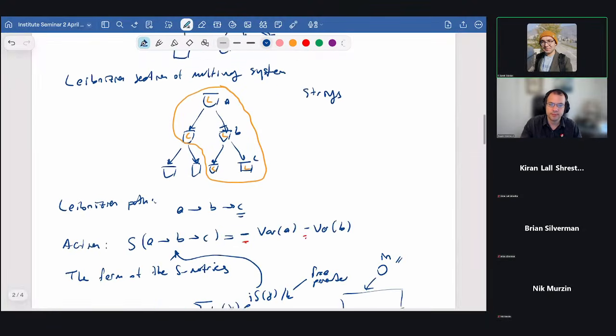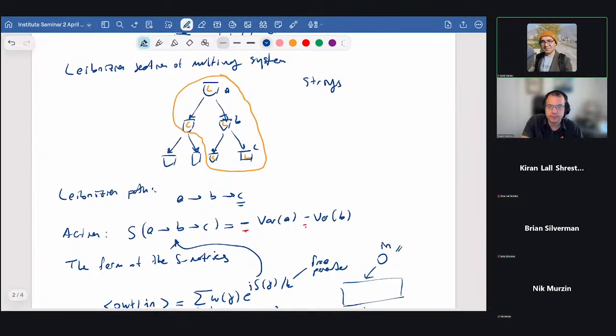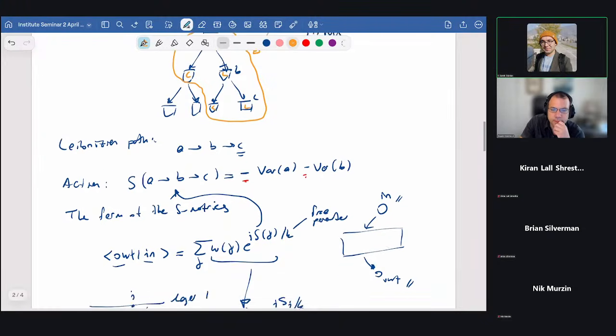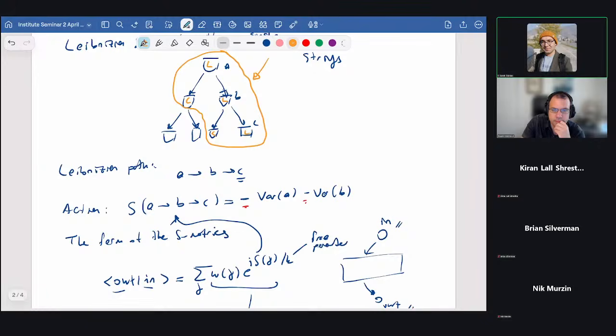Okay, let's begin with the fundamentals. We have the multiway system. We have Leibnizian and non-Leibnizian configurations. We are considering in the present study only the Leibnizian ones. Then, because we can assign a number to abstract strings using the variety function, when we consider paths in the multiway system, we can assign an action to that path.